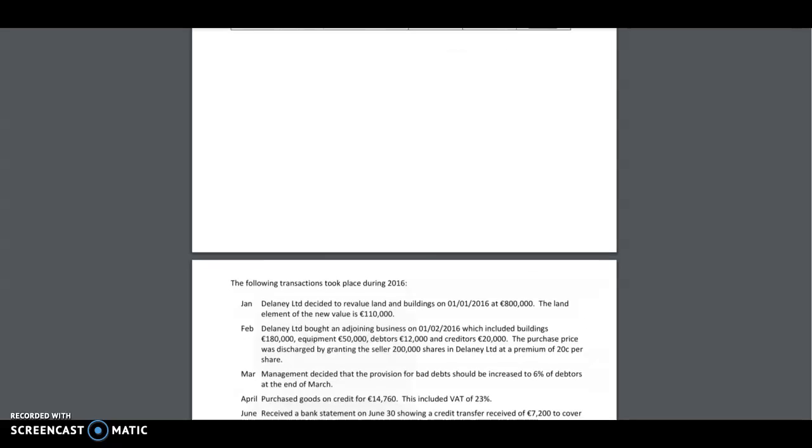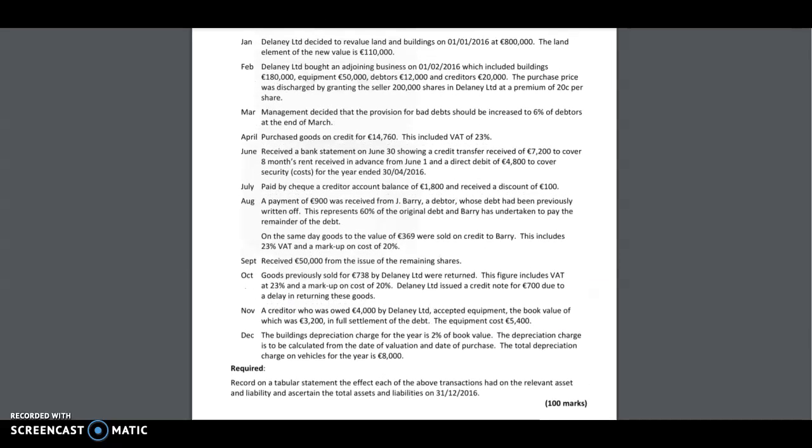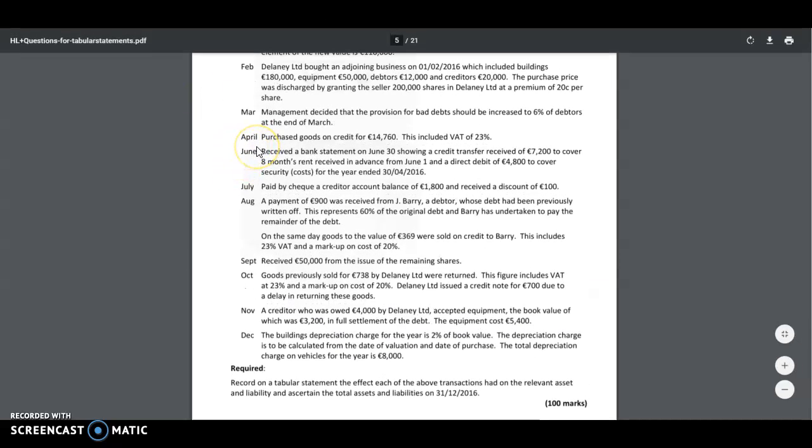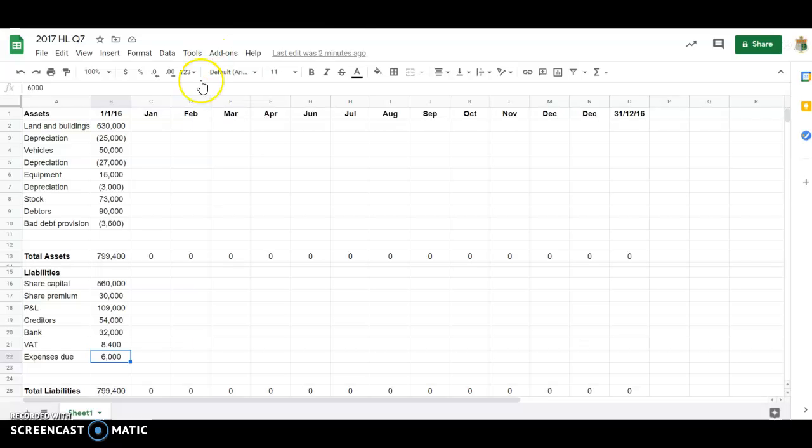I think I have a transaction for every month except May, which is missing. So I just have a heading for each month, skipping over May. Then December I put in twice, because December is often one where you have a couple of things going on.